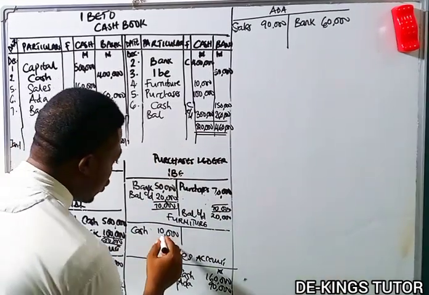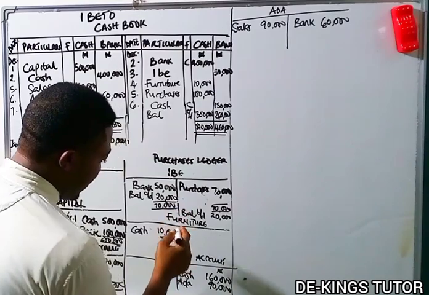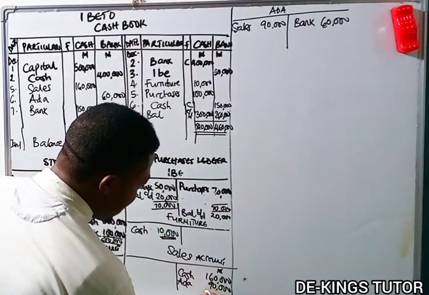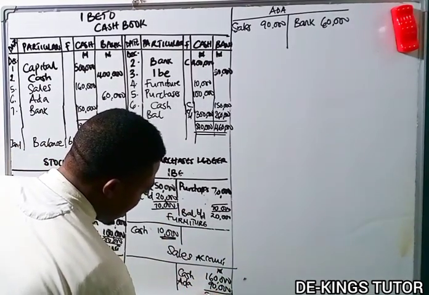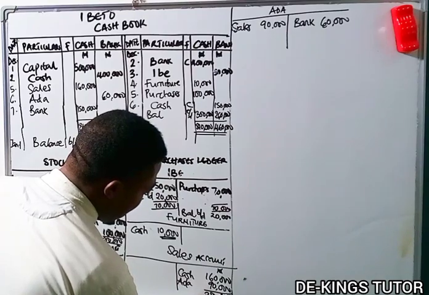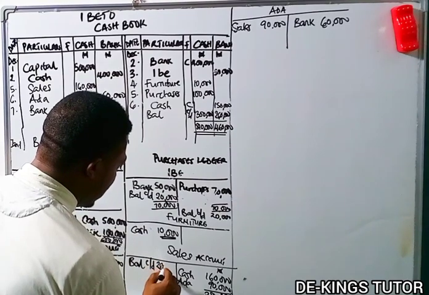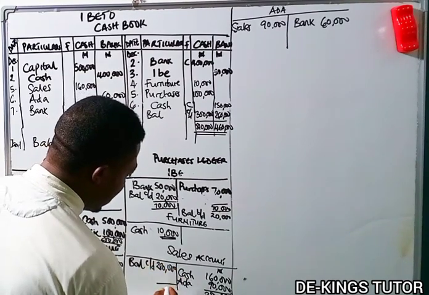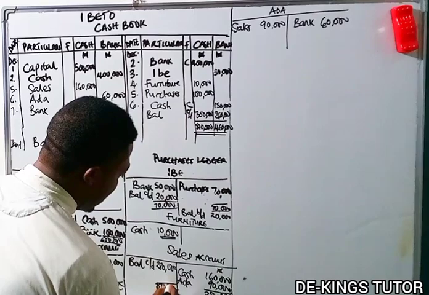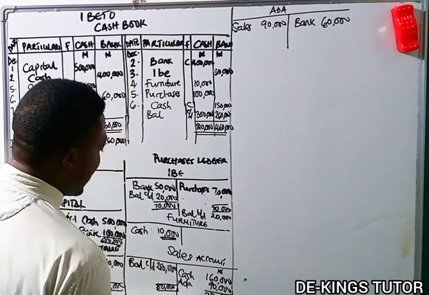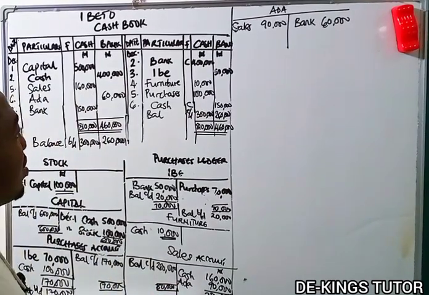Now furniture also, we close it. So this 160 plus 90 will give us 250,000. So we have a balance carried down of 250,000, so that here we have a balance brought down of 250,000. Okay.